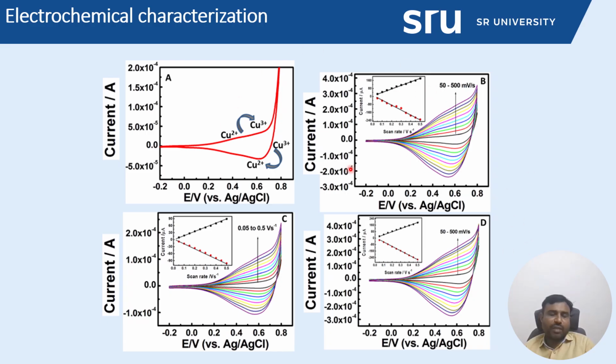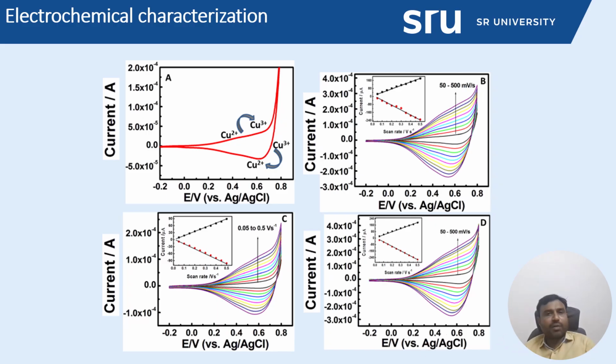This curve B is for the copper sulfide derived from only water. It has a cauliflower-like morphology. Whereas figure C is copper sulfide derived from only ethanol, with a flower-like morphology. Whereas figure D is copper sulfide derived from the mixture of water and ethanol. It has a network particle interconnected morphology.